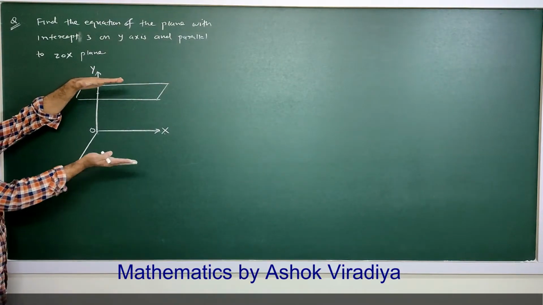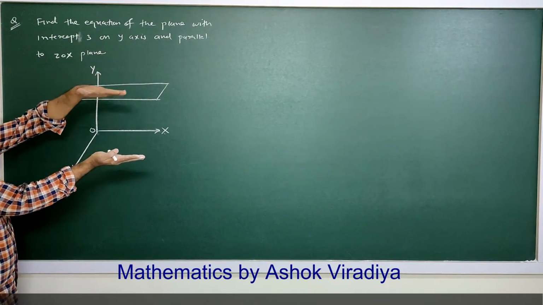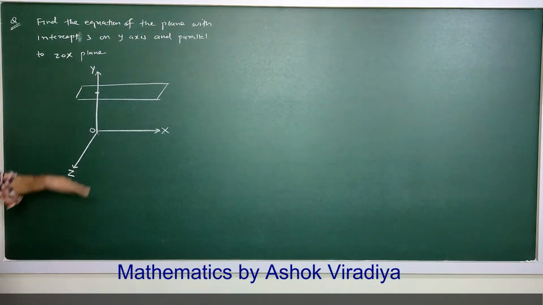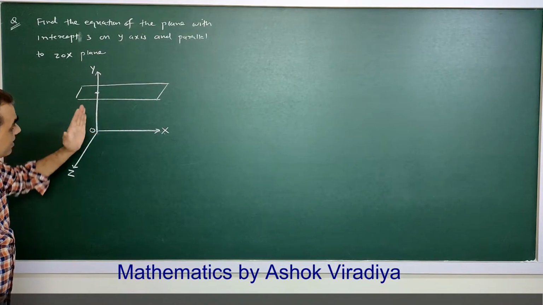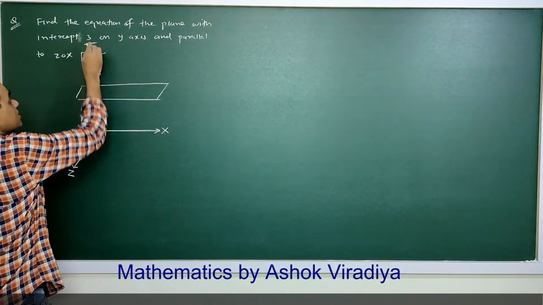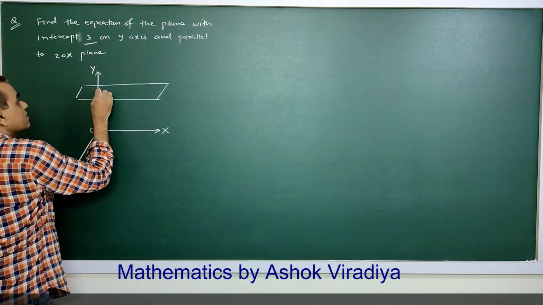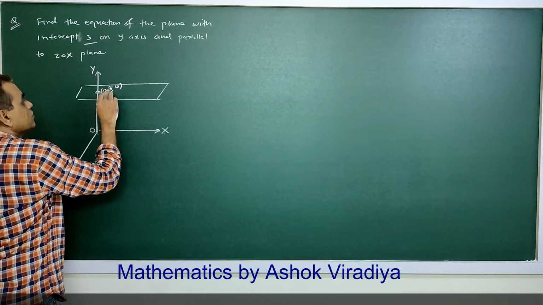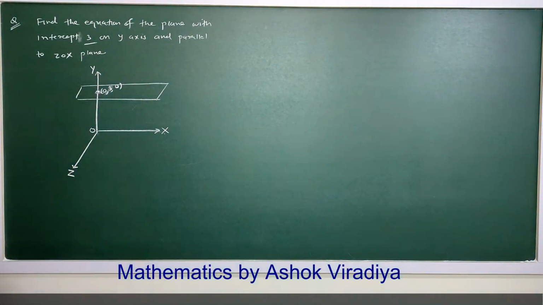It cuts the y-axis perpendicularly, because being parallel to the ZOX plane it is perpendicular to the y-axis, and the y-intercept is 3. So the coordinates of this point are 0, 3, 0. The plane passes through 0, 3, 0.